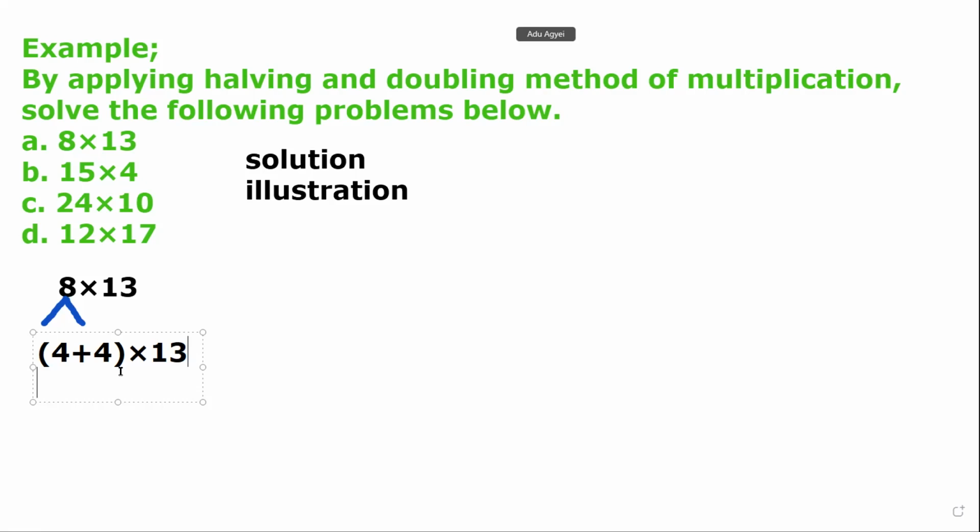Then we find the product of that. So here will be our first bracket, 4 times 13. That will be in different brackets here. Okay.